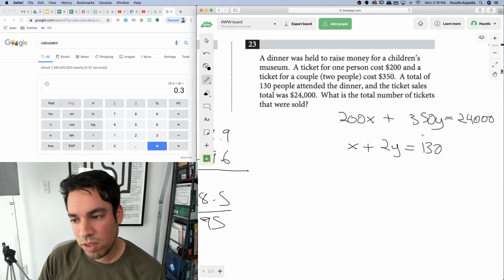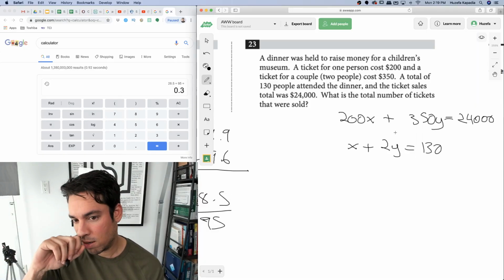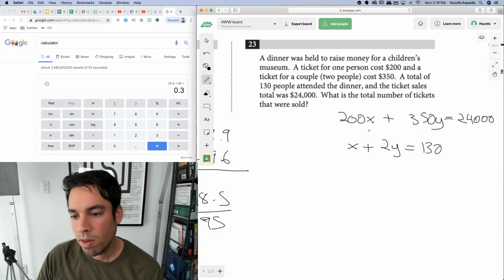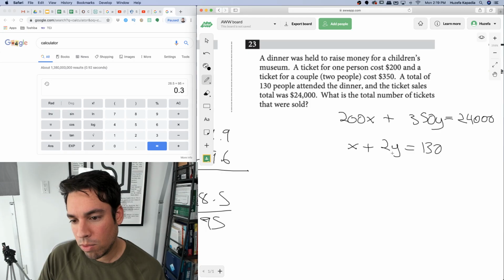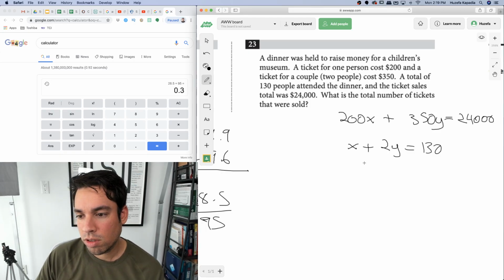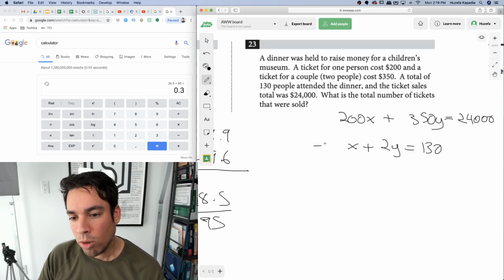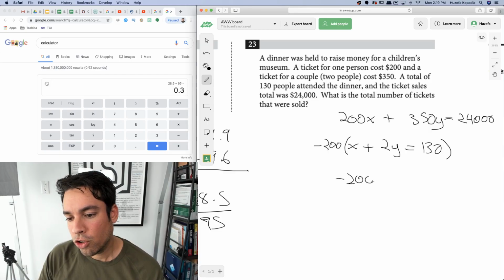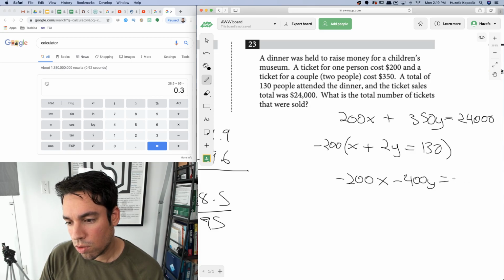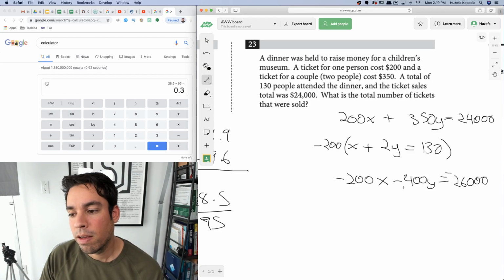What is the total number of tickets that were sold? So we want x and y. It's a nice system, so let's use elimination. Multiply the bottom by negative 200. So I get negative 200x minus 400y equals negative 26,000.